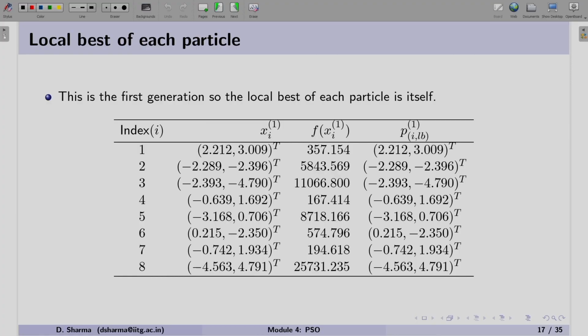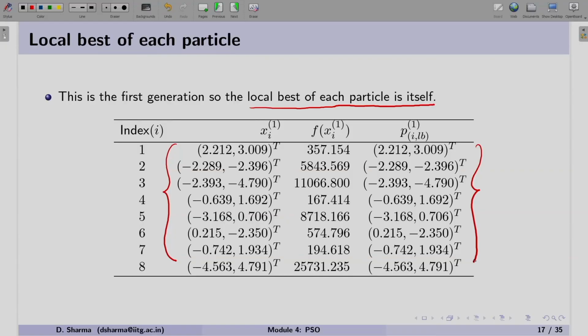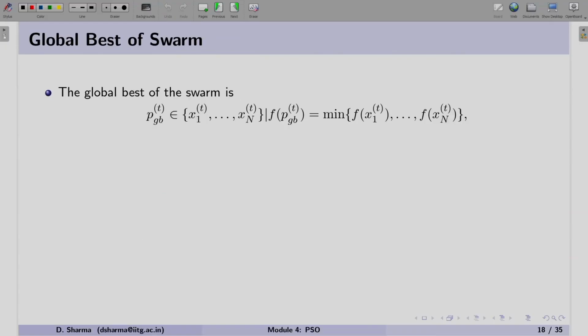So, what we do here is that the local best of each particle is itself, because it is the first generation. You can look at the second column and the fourth column, all of them are the same. It is only because we are assigning the current position as the local best for each particle in iteration number 1.